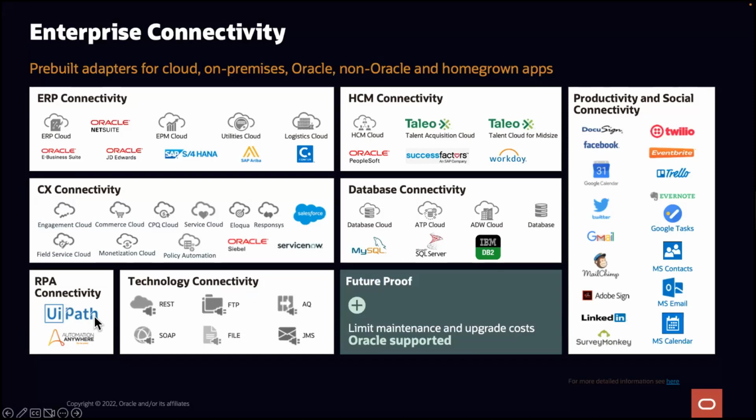You could use these adapters to orchestrate UiPath or Automation Anywhere flows, the robotic flows, to feed some data into those systems and pull out some data from those systems, using the licenses of UiPath and Automation Anywhere.